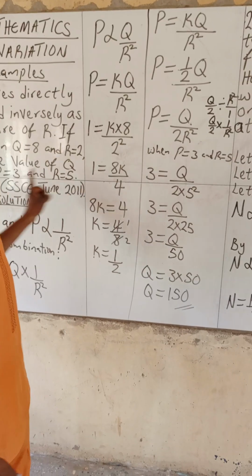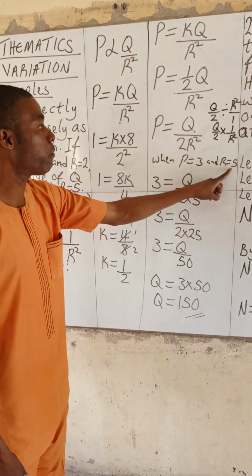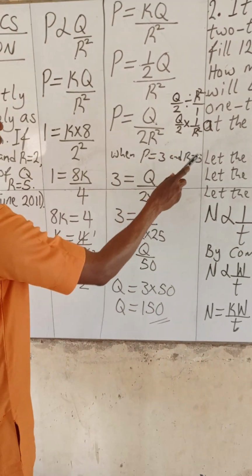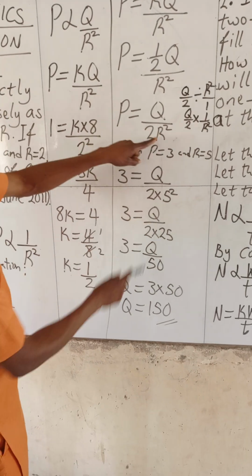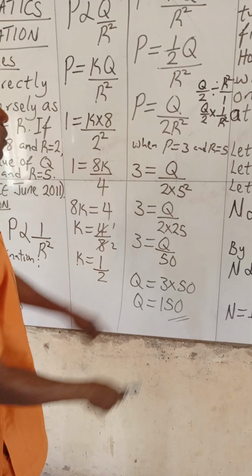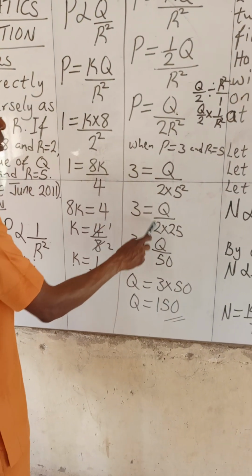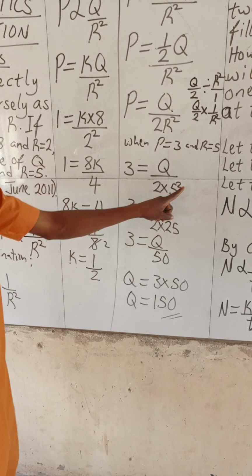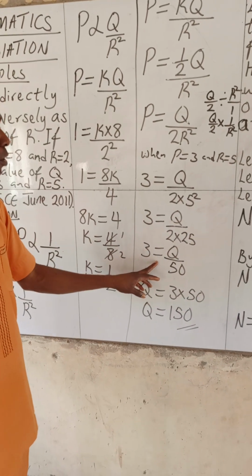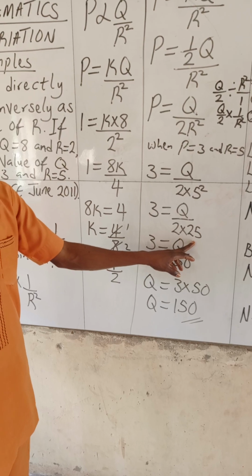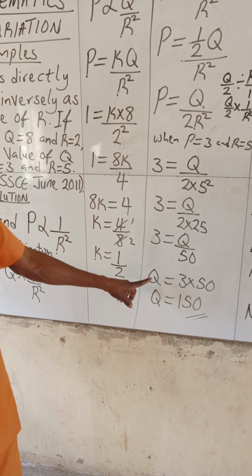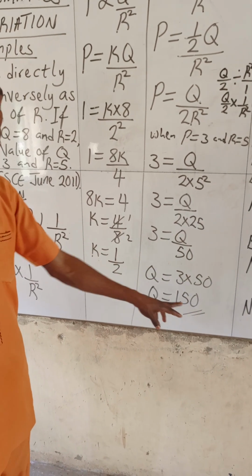Where we see P, we put 3, where we see R, we put 5. So we have 3 equals Q over 2 times 5 squared, which means 5 times 5, which is 25. So 3 equals Q over 2 times 25, which gives us 50. If we now cross multiply, we have Q equals 3 times 50, which gives us 150.